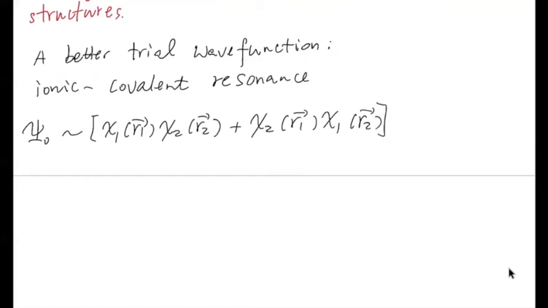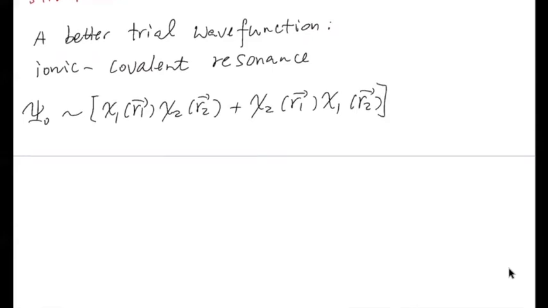This is the covalent terms, right? This is a covalent term because one electron is on AO1, another is on AO2. Or the first electron is on atomic orbital 2, and the second electron is on atomic orbital 1.